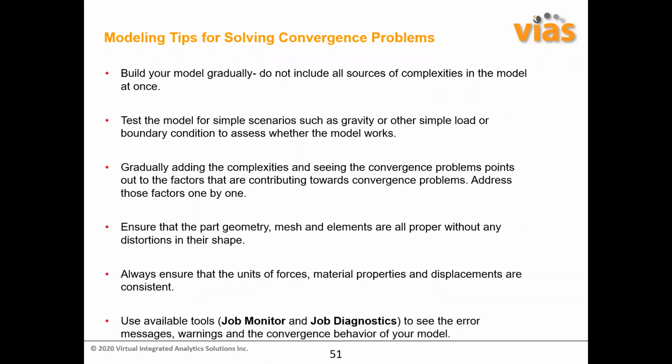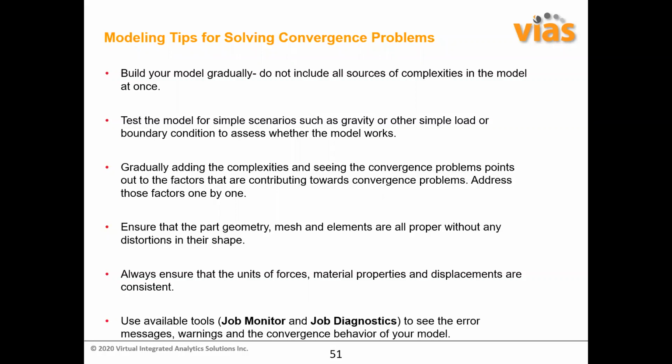These are my general tips for solving the convergence problem. As analysts, we tend to throw everything into the model right from the very beginning and try to solve the problem immediately. But the expert advice is this: if you are working on a complex model with many different bodies, like 10 or 15 components interacting, possibly with large deformation and material nonlinearities, then build up your model gradually, one by one.